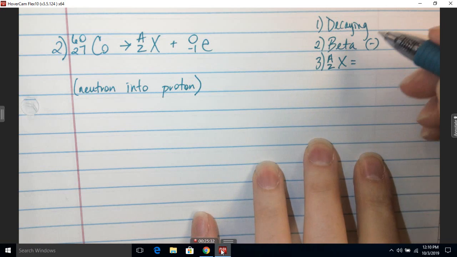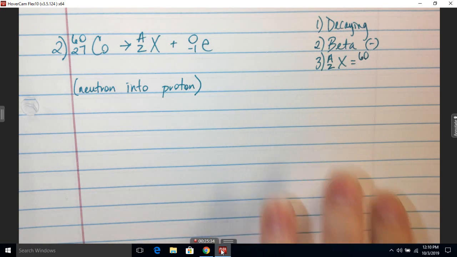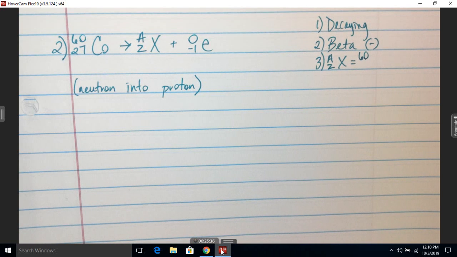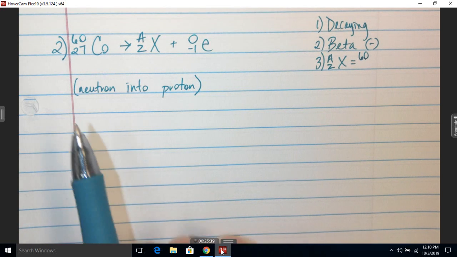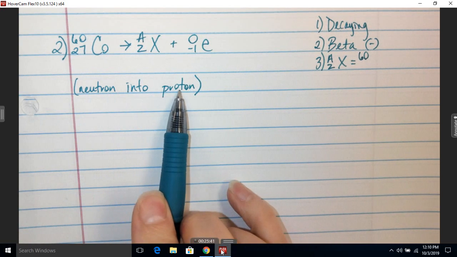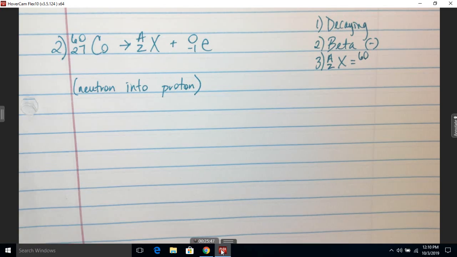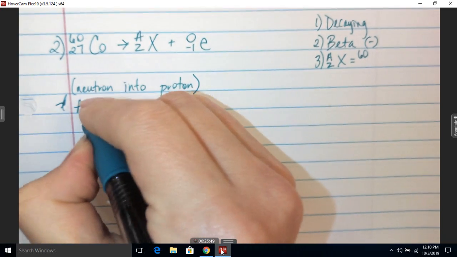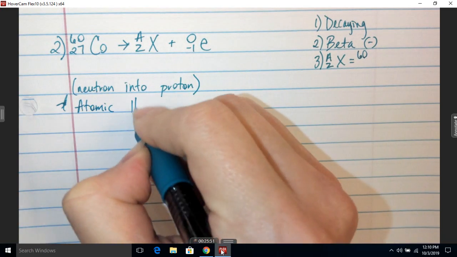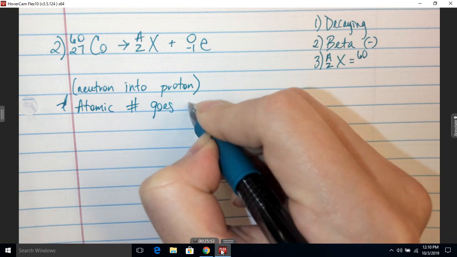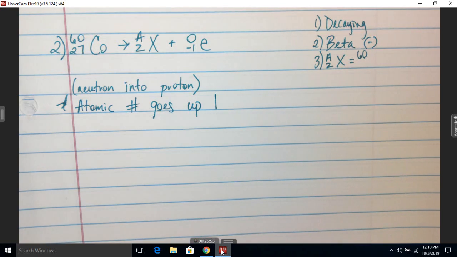So A is 60. But our neutron is now a proton. We have another proton. So what's the rule? What goes up? The atomic number goes up 1.